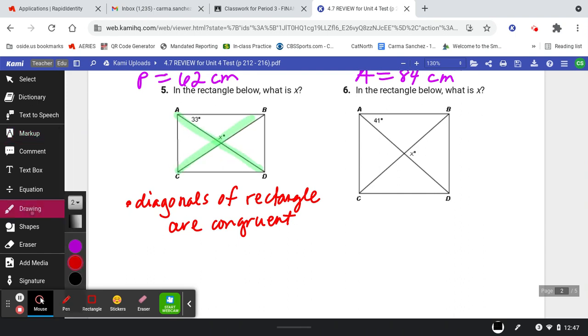Well, the diagonals are also bisected, so that means that this is also equal to this. And when we have two sides that are the same, we know that this is an isosceles triangle inside of that rectangle. And so since those two sides are the same, we know that these angles are the same, so we know that this is also a 33.